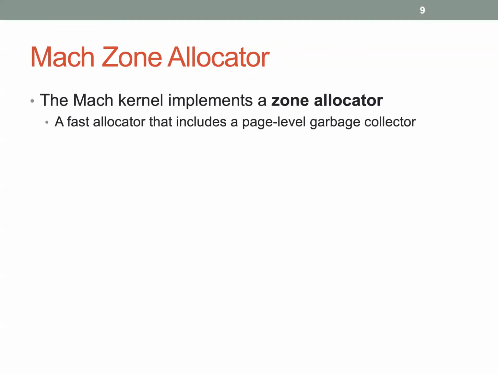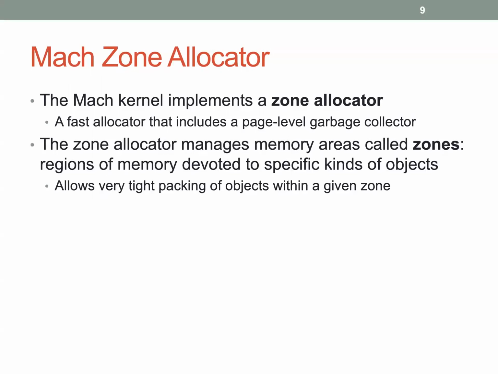So Mach has this thing called a zone allocator. This zone allocator has a different zone for each type of thing that you might allocate, so each type of thing will be its own size. And there's also a garbage collector that goes through and cleans up, reclaims unused pages at an appropriate point in the lifetime of a virtual page.